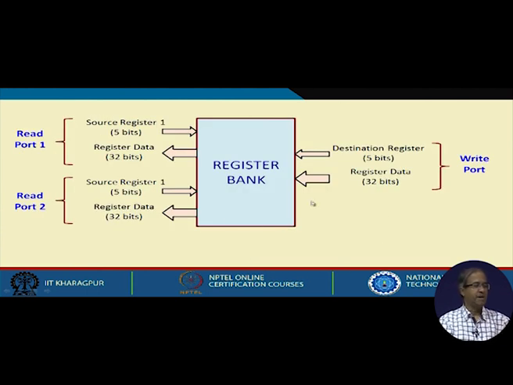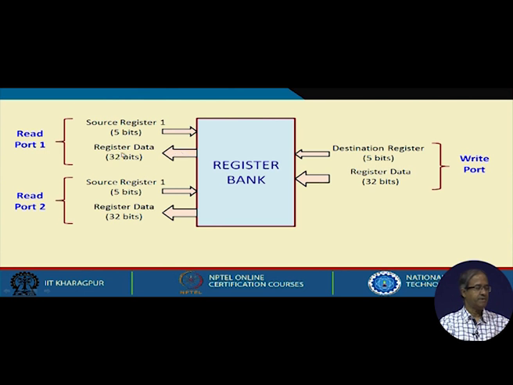So, our register bank picture will look like this. There will be 2 read ports. Source register numbers will be fed as register addresses, 5 bits each, and the 2 register values will be read out just like reading memory.